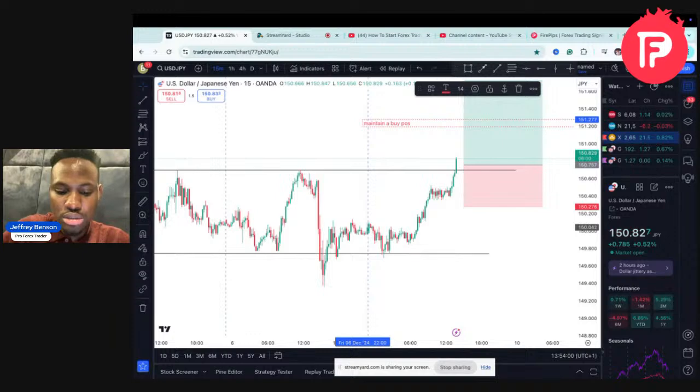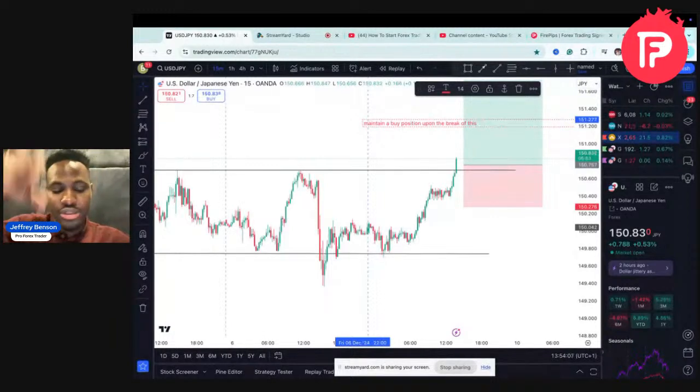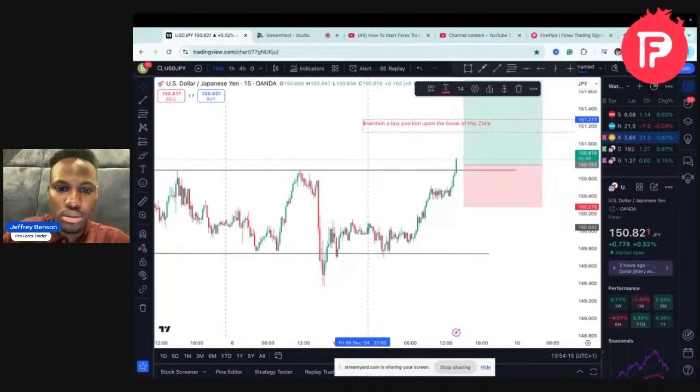Maintain a buy position upon the break of this zone. That's 1.1. Enter with one entry at the time of the close.